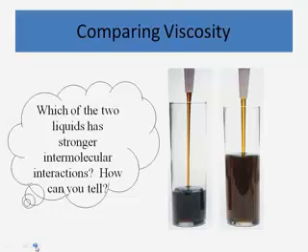If we assume that they started dispensing this liquid at the same time, the one on the right is flowing faster because it has a greater volume inside the container. And so it flows faster, which would imply that we have weaker intermolecular forces in the substance on the right than we do in the substance on the left. So weaker intermolecular forces would be less viscous, flows more easily.